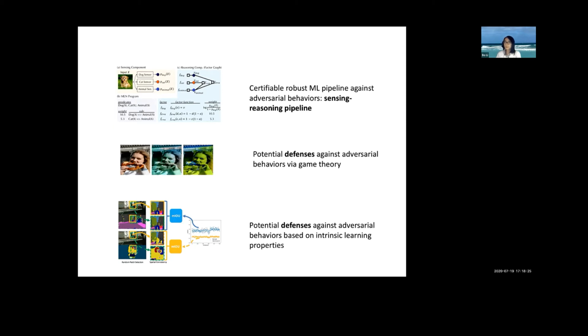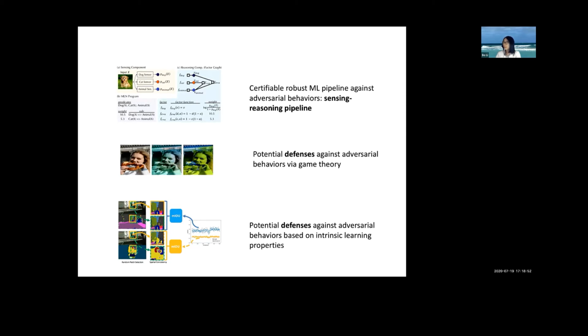So in this talk, I will mainly talk from three perspectives about what strategies we can use to improve the robustness of machine learning models, so that we can certify the end-to-end robustness, or verify the sensitivity or stability of the machine learning models, such that we end up with more trustworthy machine learning or AI systems.